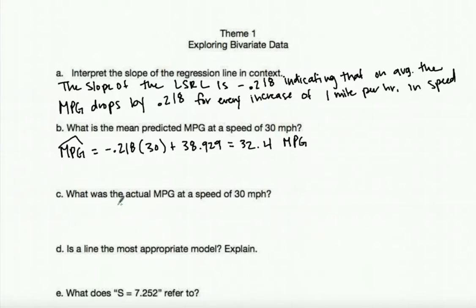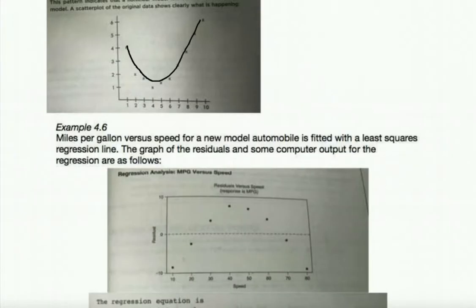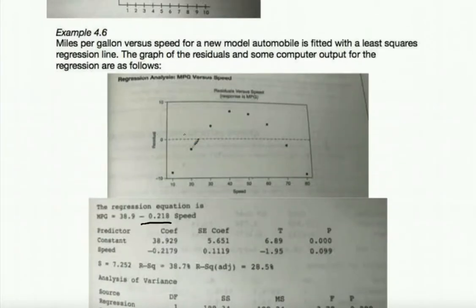C says, what was the actual miles per gallon at a speed of 30 miles per hour? To do that, we're going to go back to our residual plot. We're looking at miles per gallon. It appears to be right here.